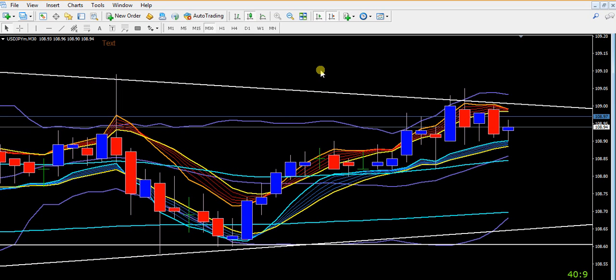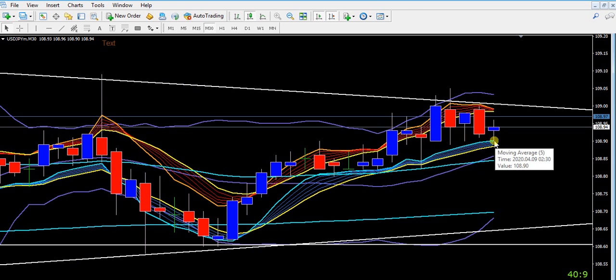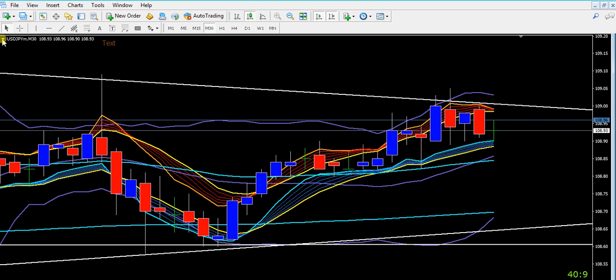So where do I have to take my buy? This one is good to buy because it's already placed above the moving average 50, and moving average 50 is above the MA 200. This is the best place for a buy position.